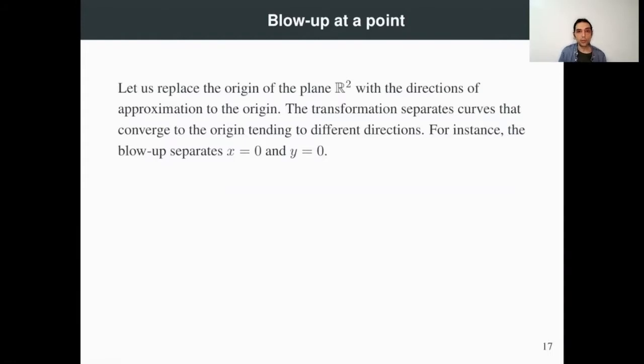Okay, we're going to replace the origin of the plane with the directions of approximation to the origin. This transformation, in particular, separates curves that converge to the origin tending to different directions. And for instance, it's going to separate the lines through the origin, for instance, the two axes, x equals 0 and y equals 0. Let's, first of all, have a picture here.